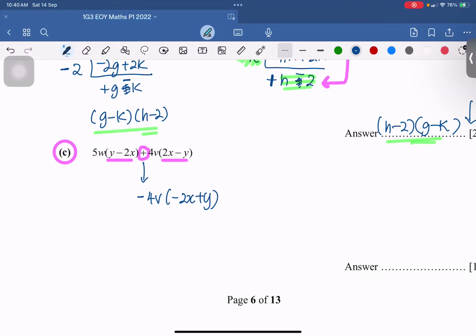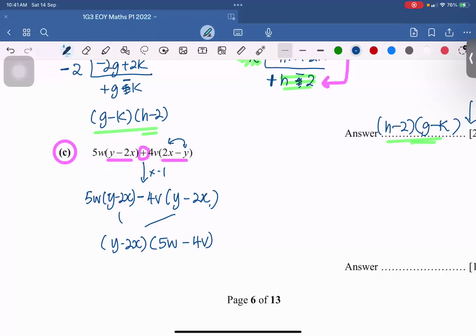You can choose to write it this way, or if you prefer, multiply by negative 1 and flip this one around. Y minus 2x also can. Up to you. Whatever you think is logical, you write the answer. Then this one will be y minus 2x, 5w minus 4v.